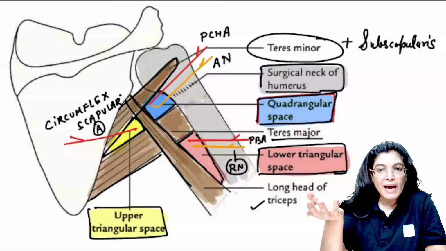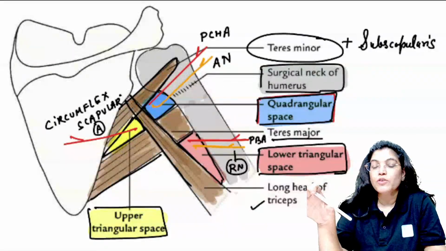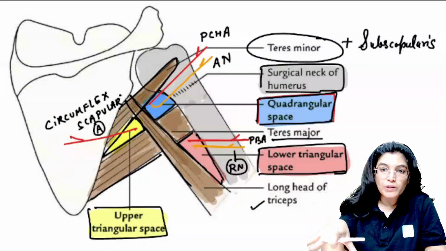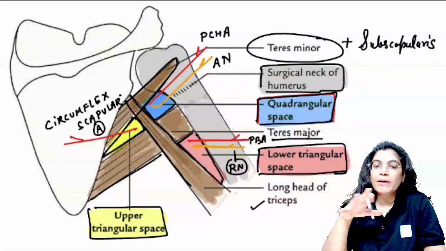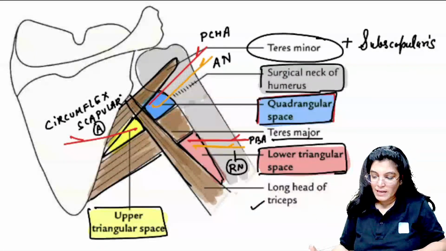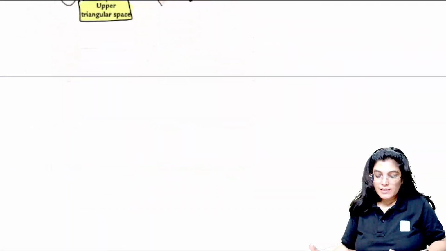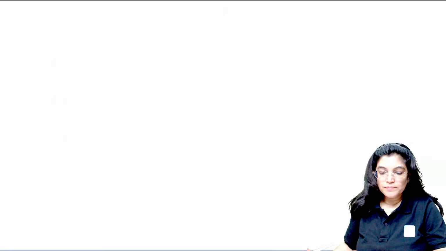I would like to make a diagram for you. I have already explained it, but in examination it can come as a short note. So you should know how to make the diagram and you should be defining the boundaries. Okay, done with this. I think it's clear. Subscapular spaces. So either we have to make an outline.